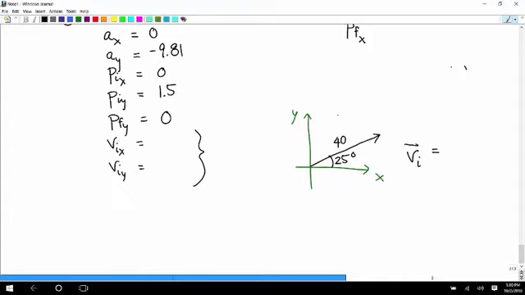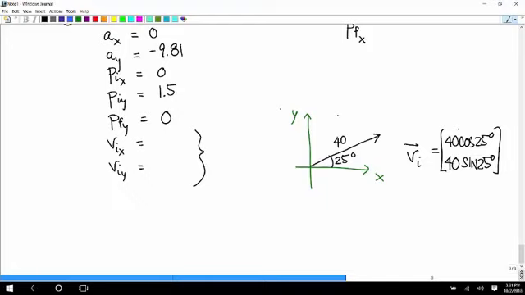So that initial velocity vector is 40 times cosine of 25 degrees, 40 times the sine of 25 degrees. The most common thing that goes wrong in punching these into your calculator is that your calculator's in radians.